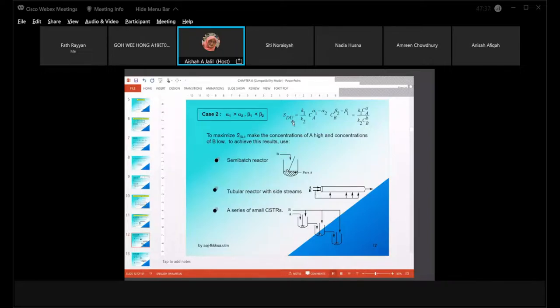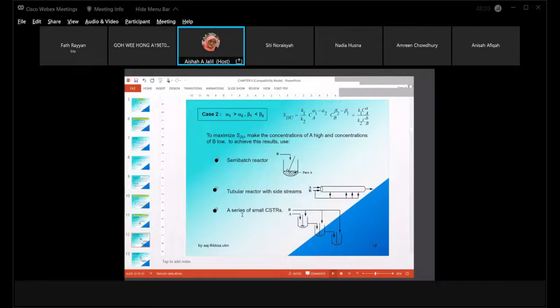If you calculate the SDU, the rate of reaction, you get two reactants, where one you have to keep higher and one you keep lower, so you draw it like this. Or you use the tubular reactor with side stream. You can see the A is higher, you just put A here, but the B you put slowly along the side.